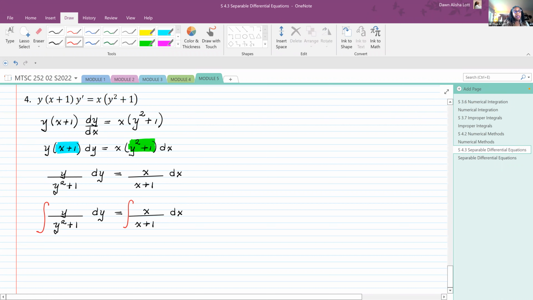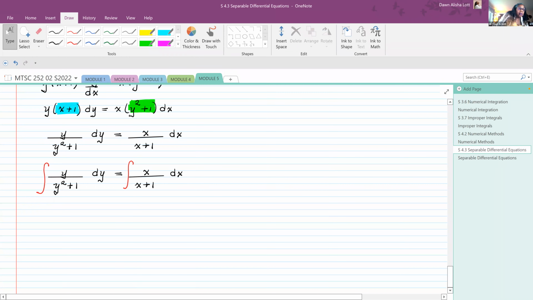All right. So when I did this problem, I did it by doing the left hand first and then doing the right hand. So let's do the left hand side. So left hand side is the integral of y over y squared plus 1 dy.